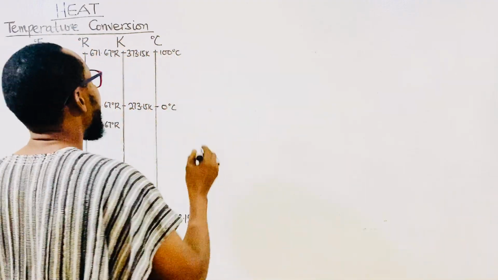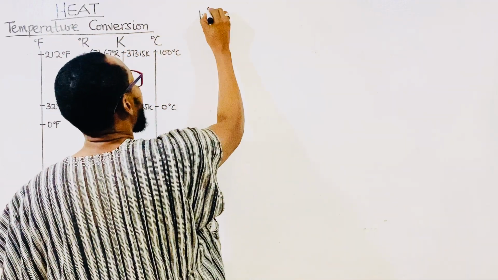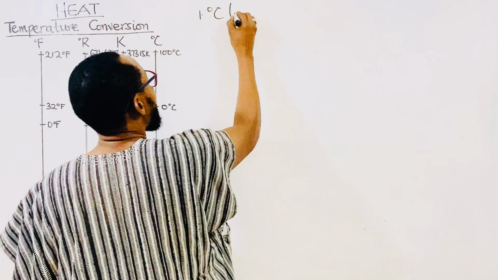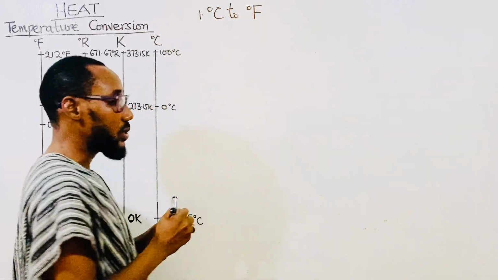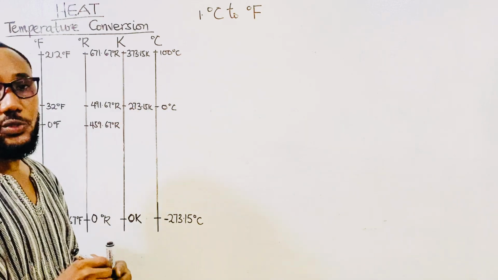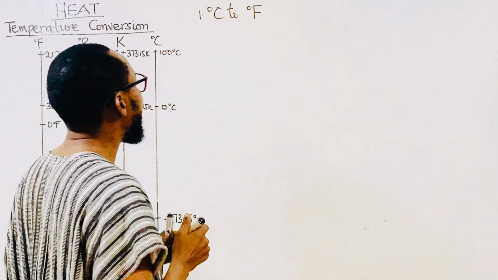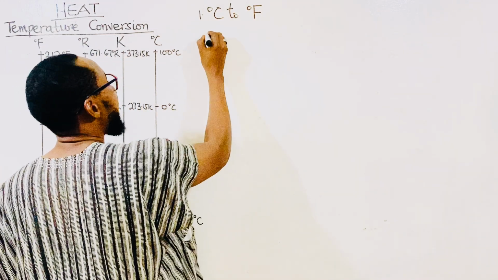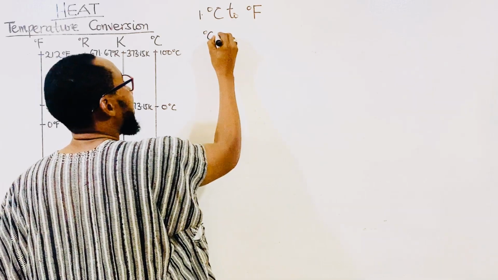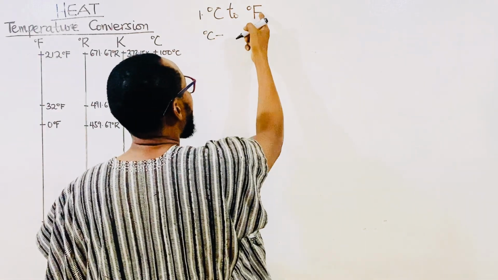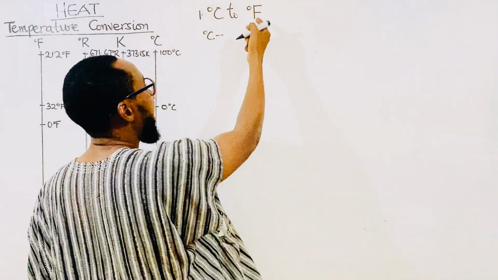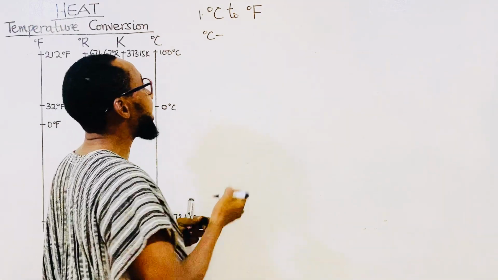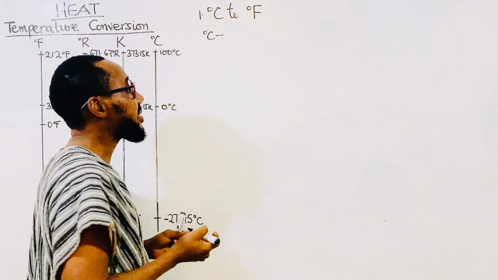So let us start first by trying to convert from the Celsius scale to the Fahrenheit scale. This is the first one we want to do. We want to get a formula that we can easily apply. What are we looking for? We are looking for a way that we can easily find the temperature in degrees Fahrenheit if we are given the temperature in degrees Celsius.